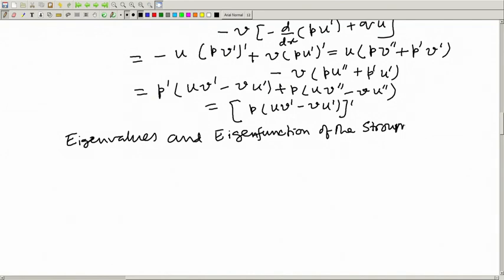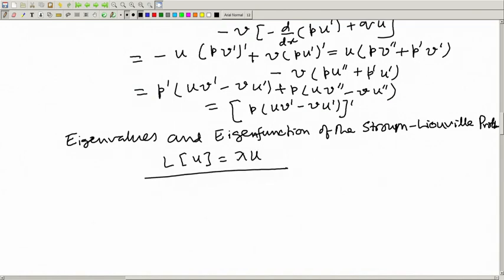Basically, L is a linear operator, and when it is operated on u, we get back lambda u.